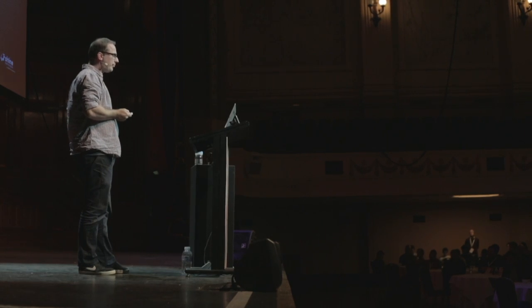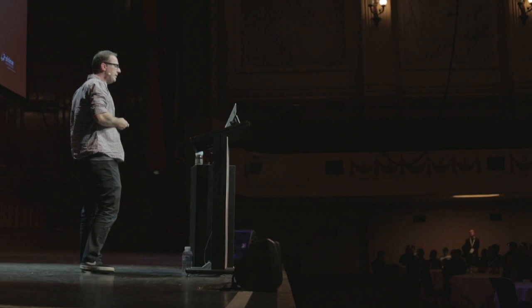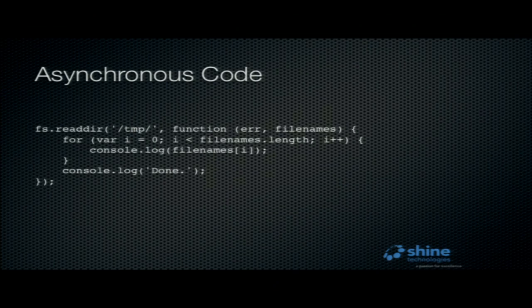Now, if we want to convert that to asynchronous code, we use the readdir function of Node.js, and it takes as the first parameter, again, our directory that we want to read, and as a second parameter, a so-called callback function, which is called as soon as the asynchronous operation is done.